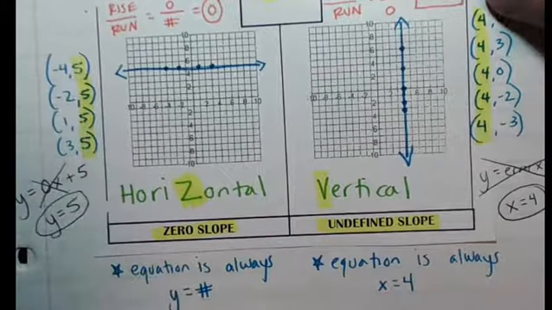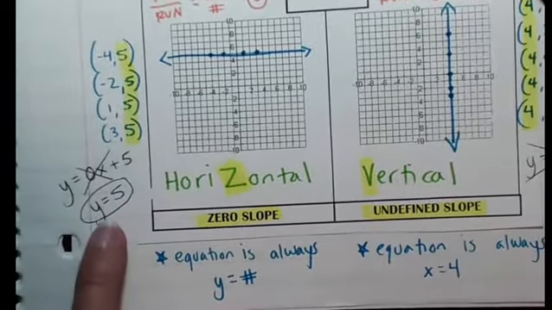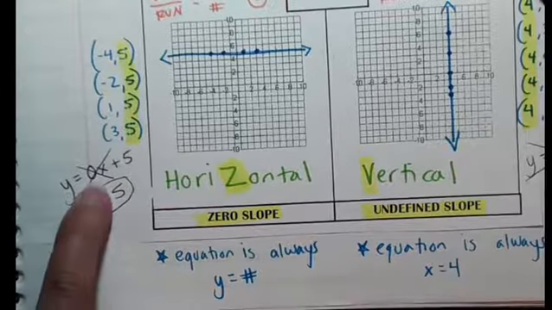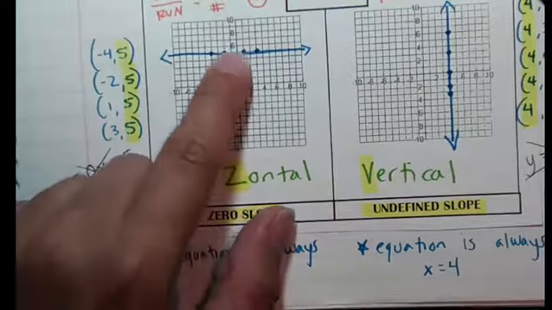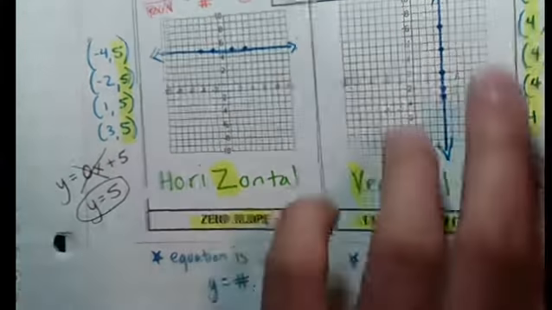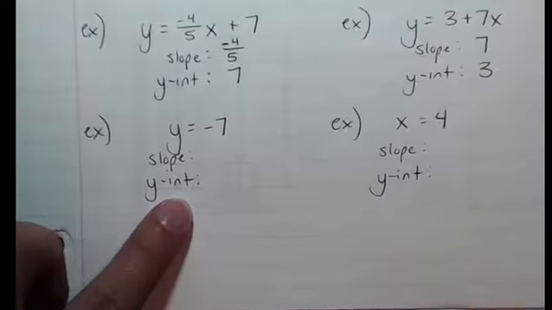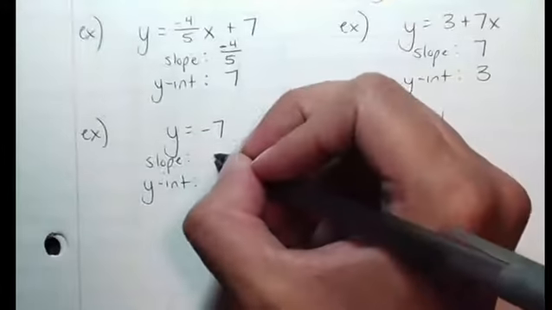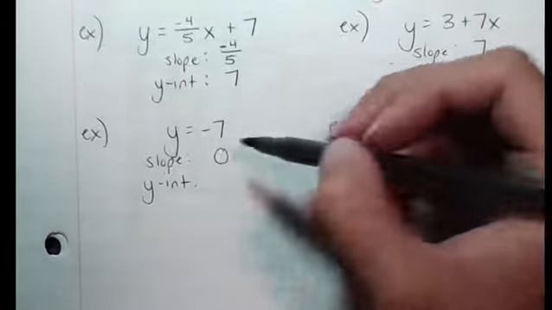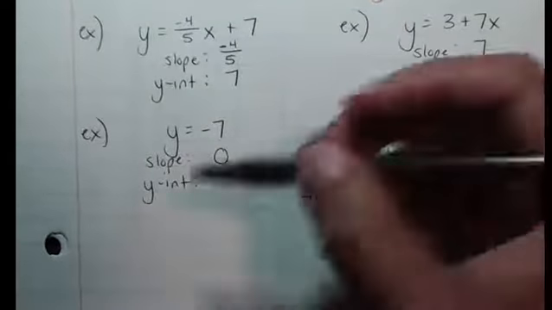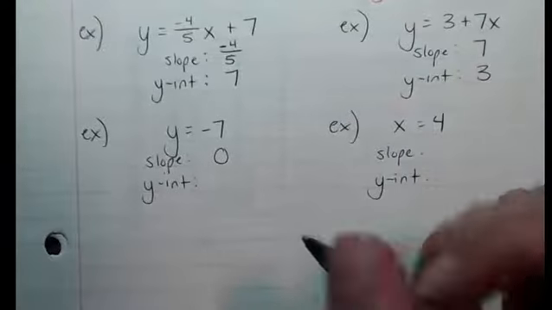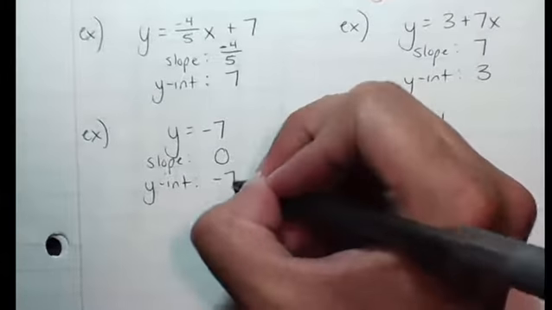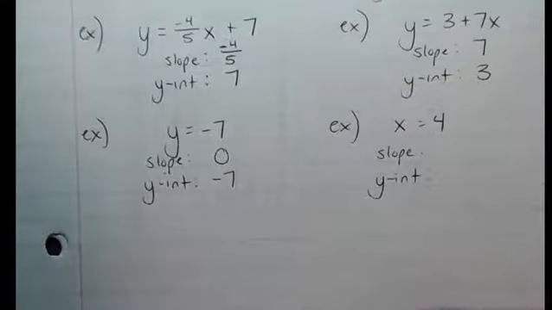So again, we wrote the equation y equals 5. There's no slope here because I don't go up or down, I don't rise. So when it comes to this first one, y equals -7, the slope here is 0 because there's no x value. And what's the y-intercept? The y-intercept here would be -7.